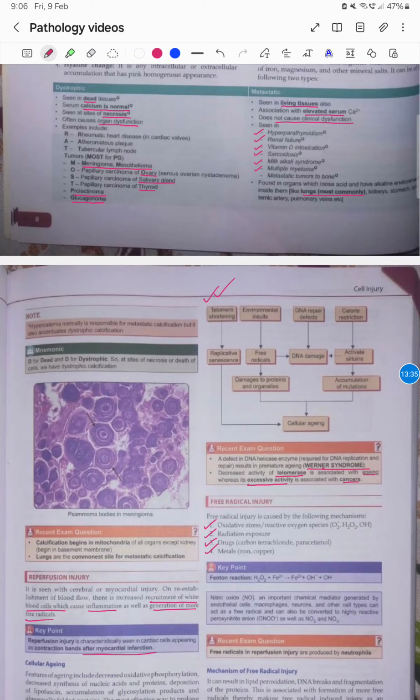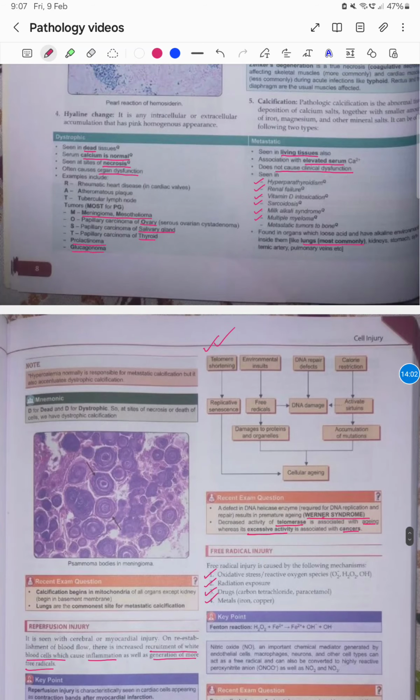Tumors include the mnemonic MOST PG: M for meningioma and mesothelioma, O for papillary carcinoma of ovary, S for papillary carcinoma of salivary gland, T for papillary carcinoma of thyroid, P for prolactinoma and G for glucagonoma.